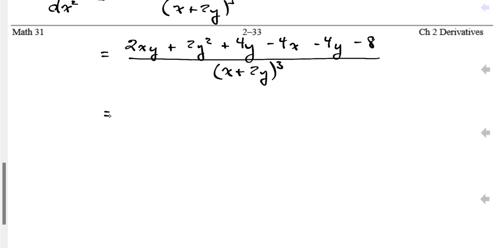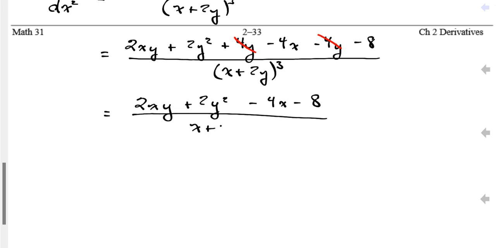So let's collect some like terms here. 2xy. This 4y and minus 4y cancel out, which is kind of nice. Plus 2y squared minus 4x minus 8 all over x plus 2y all cubed.